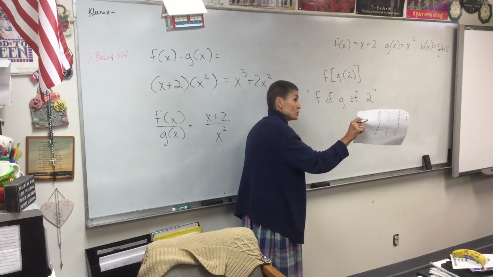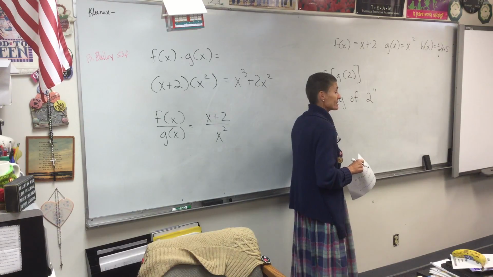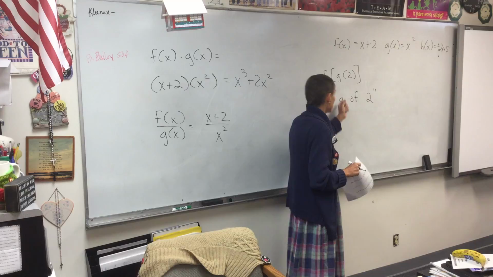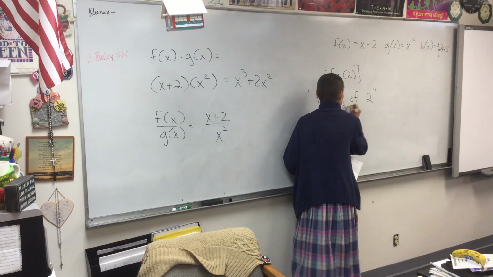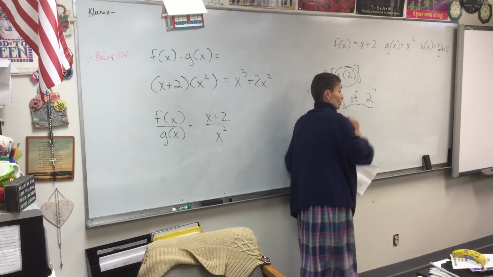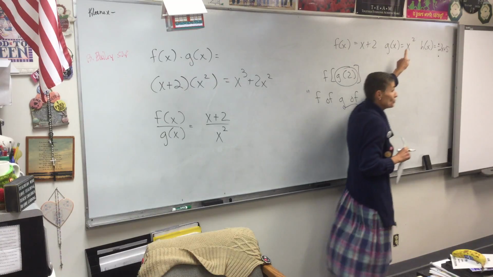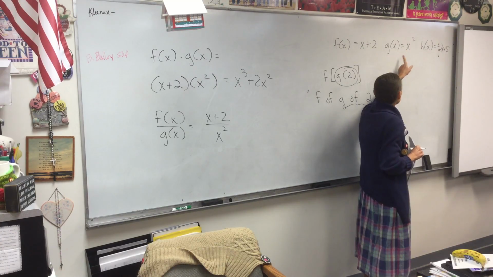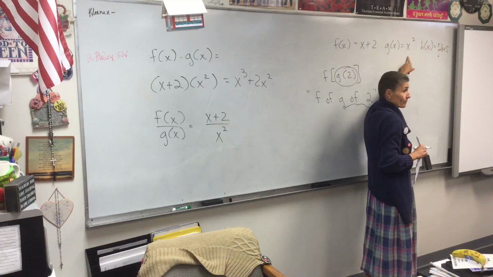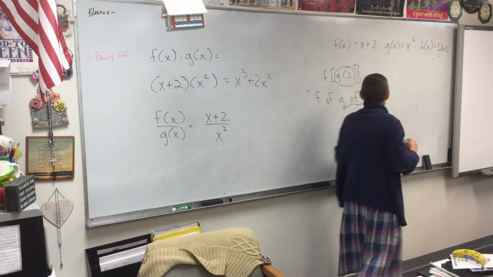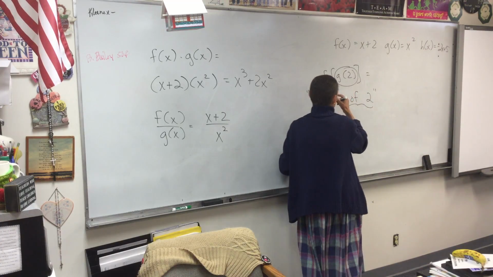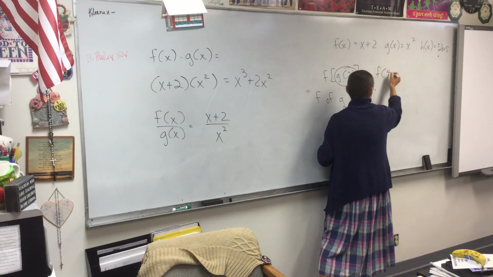I plugged the 2 into G. Very, very good. This says f of g of 2. So we're going to find g of 2 by plugging 2 in. So what is g of 2? 4. So now what the problem really says is find f of 4.